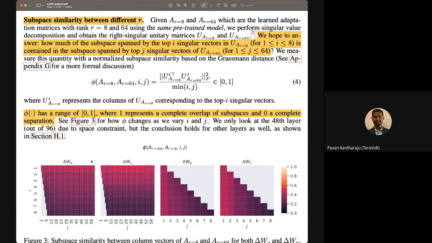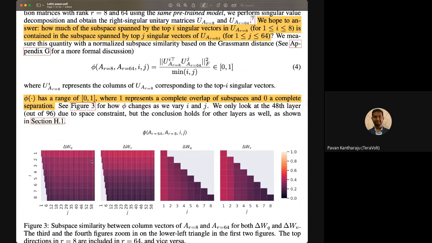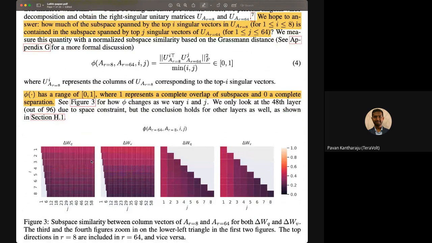So for rank 8, you have 1 through 8, and for 64, you have 1 through 64 possible singular vectors. Essentially the idea behind the Grassmann distance is that as you go higher, it means you're overlapping more. And here 1 represents a complete overlap in subspaces, and 0 means a complete separation.